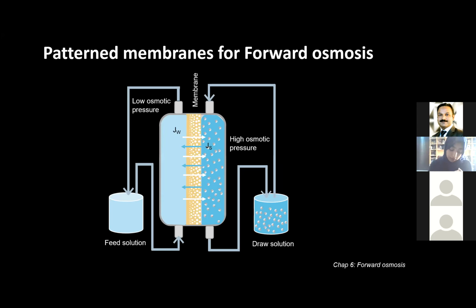But in this forward osmosis process, the problem arises when the salt in the draw solution starts getting accumulated in this porous support, and any presence of the foulants in the feed solution can get deposited on the membrane surface, and this actually results in concentration polarization.